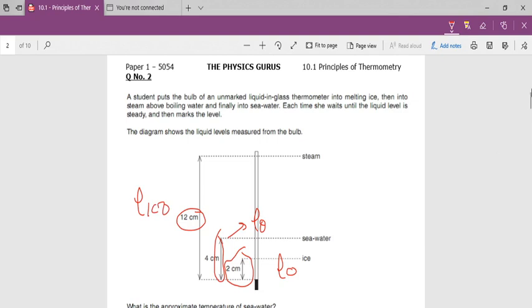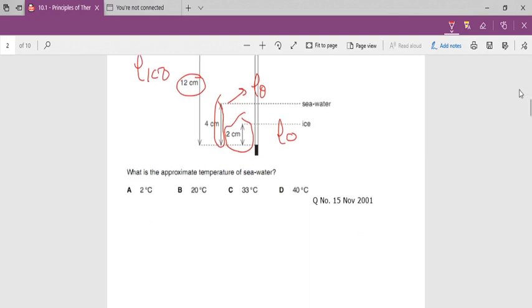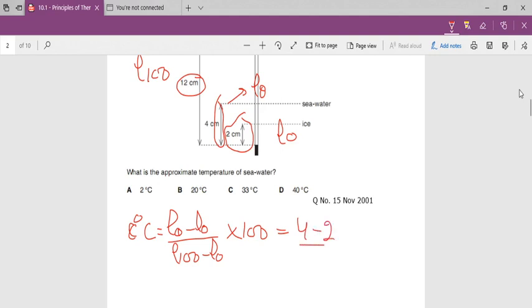So guys, we will apply the same formula. These values are given, so substitute these values. Write down the formula: theta degrees centigrade is equal to L theta minus L0 over L100 minus L0, multiplied by 100. So we will substitute these values. L theta is 4, L0 is 2, L100 from the diagram is 12, and then L0 is 2, and multiply by 100.